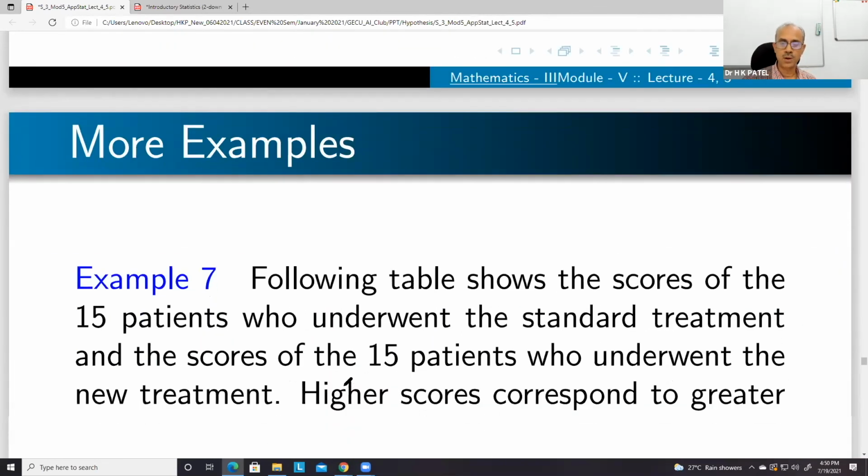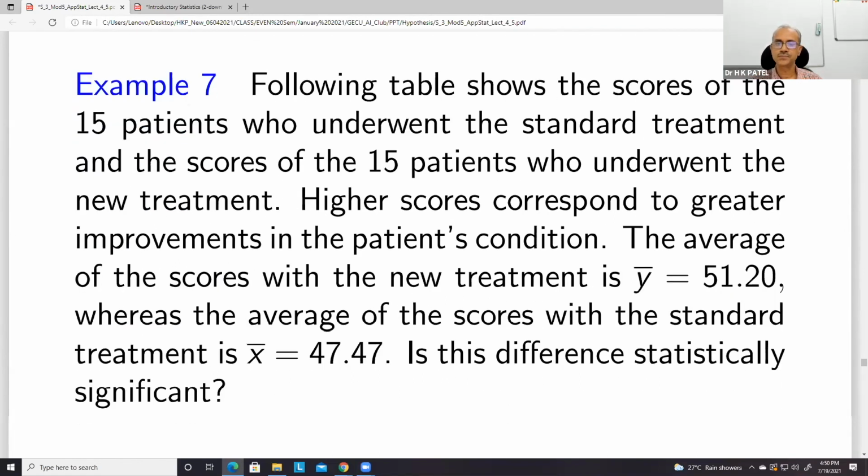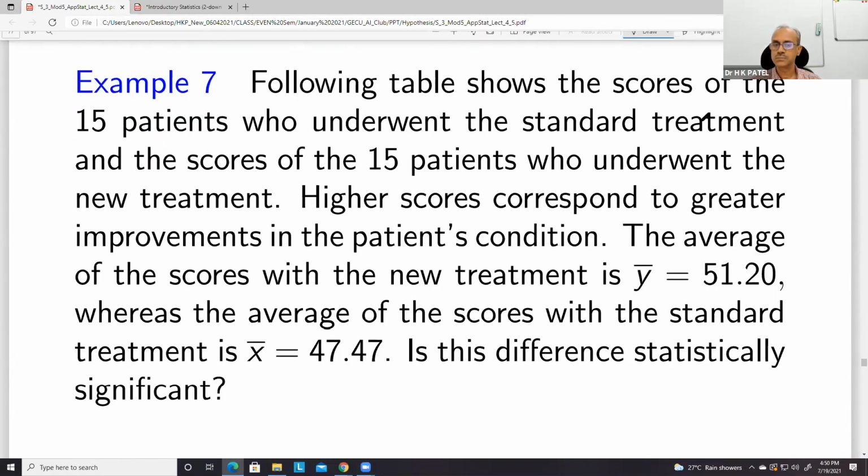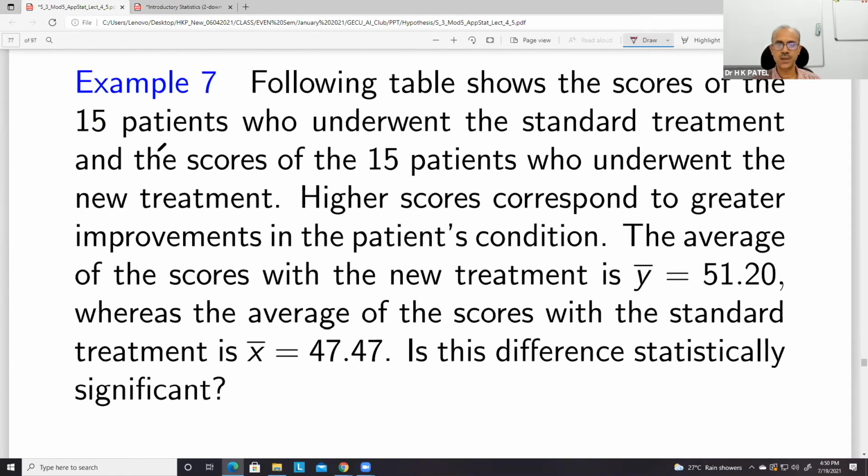We have more problems here. The following table shows the scores of 15 patients who underwent the standard treatment and 15 patients who underwent the new treatment. Higher scores correspond to greater improvement in the patient's condition.